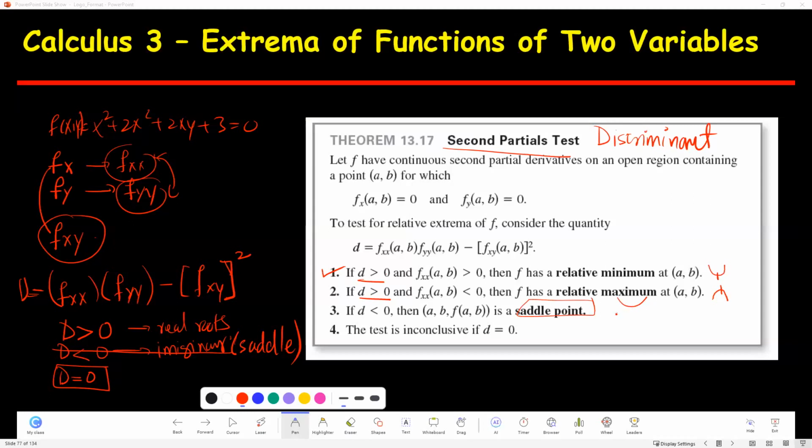The point looks like either this way or that way, so you're confused, and you don't have to tell anything. You just say this is a saddle point. If D equals 0, then you say this test is inconclusive. I cannot even tell you what that is.